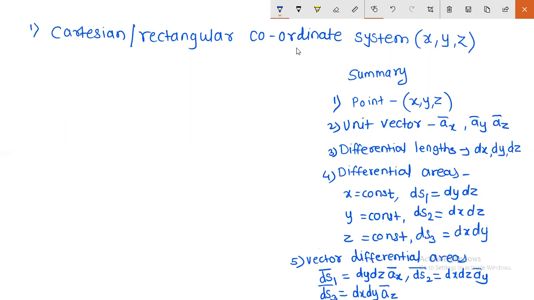Now, the next one is the differential volume. And actually we have taken only the differential lengths here. Note the vector differential length also.